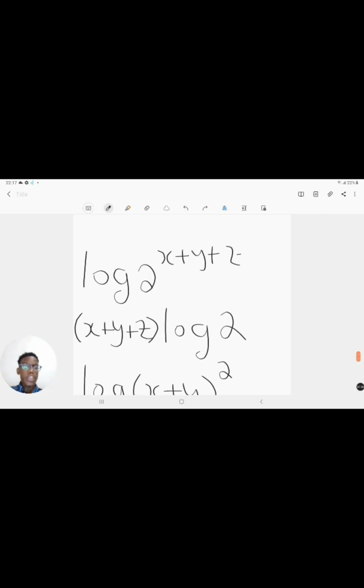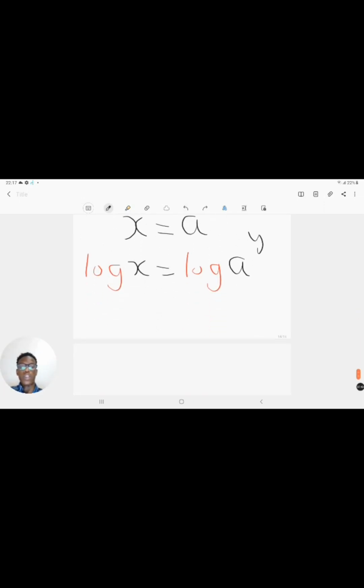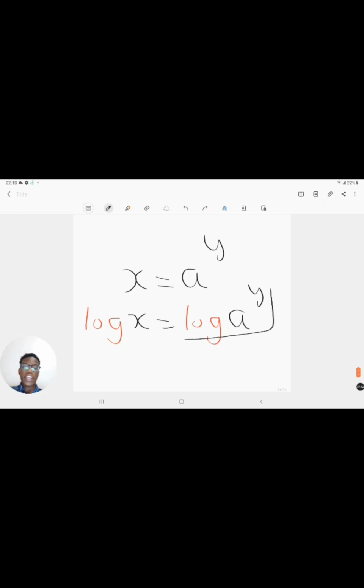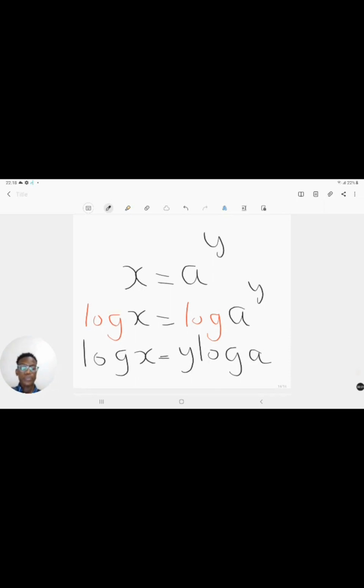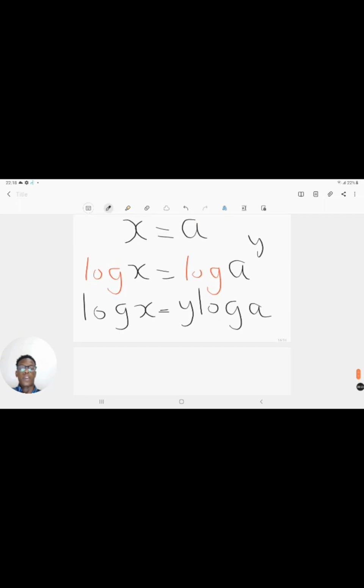Okay, so based on law number 3, look at what we have here. If you look at the right hand side here, we've got y as our exponent. So it means that we can take this y and make it our coefficient there. So if we do that, what we have is y log of a, then we've got log of x here.